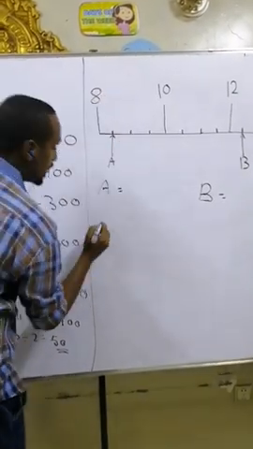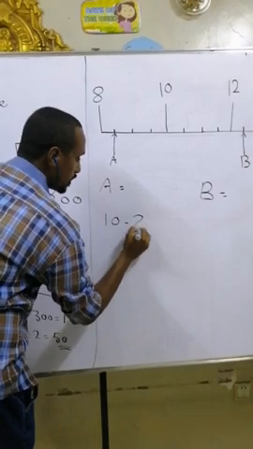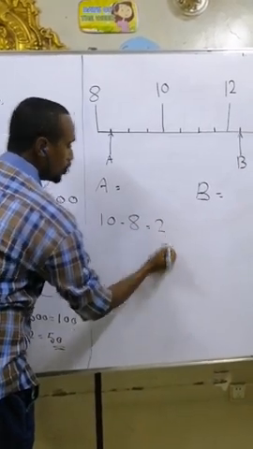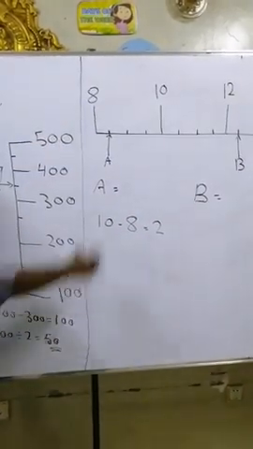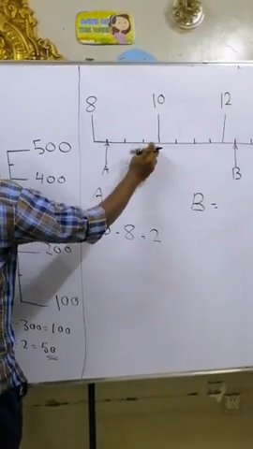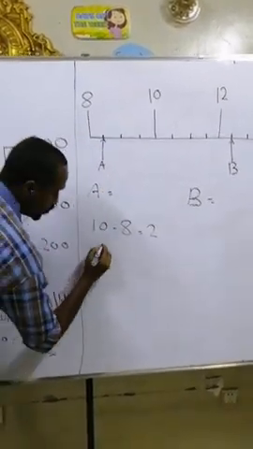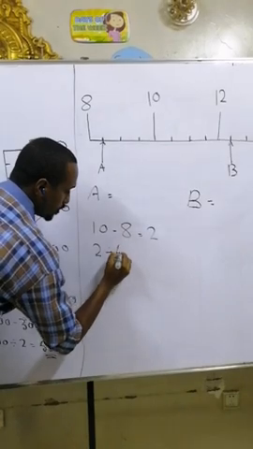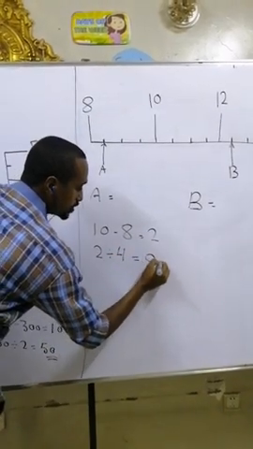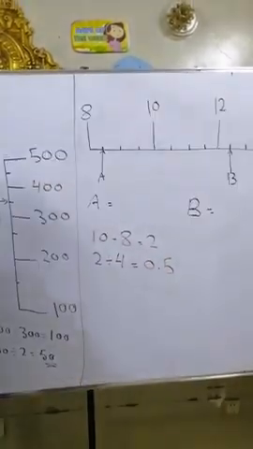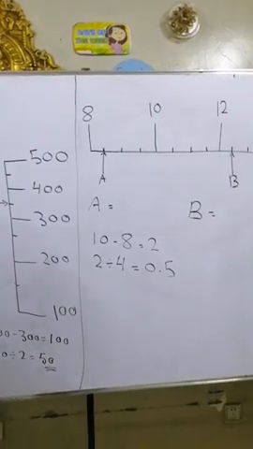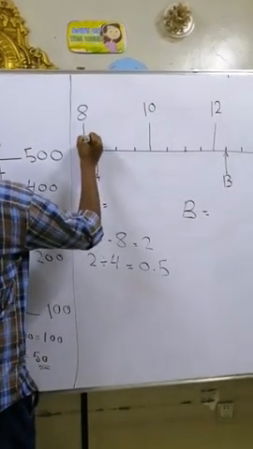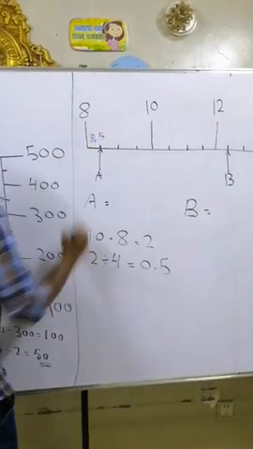Subtract. 10 minus 8 equals 2. Then divide by the number of spaces between them, 4. It will be 2 divided by 4 equals 0.5. That means every time we add 0.5. That means here it will be 8.5.